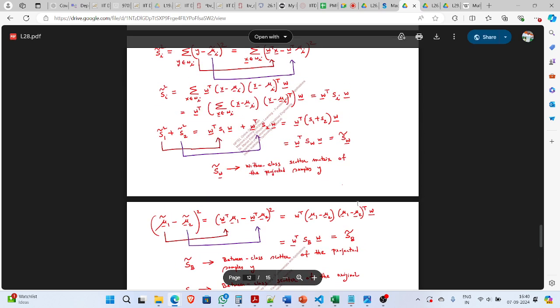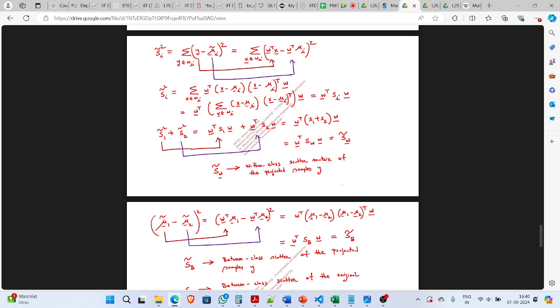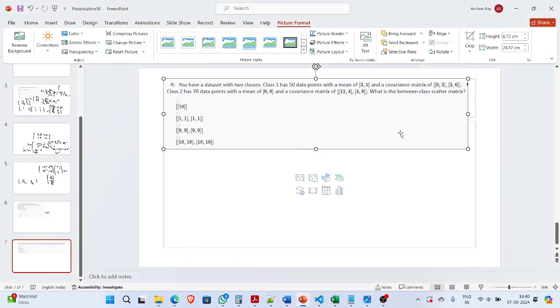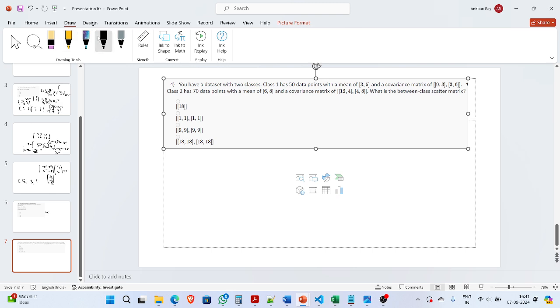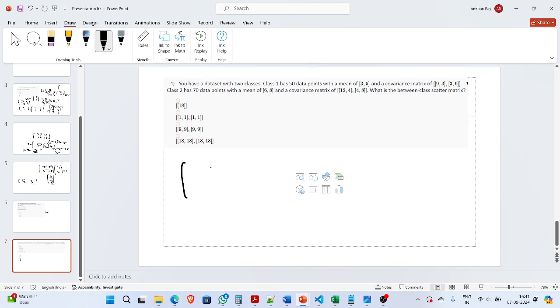It is this: (mu1 minus mu2) times the transpose of that. So what are the mu's? This is 3 and 5, and this is 6 and 8.